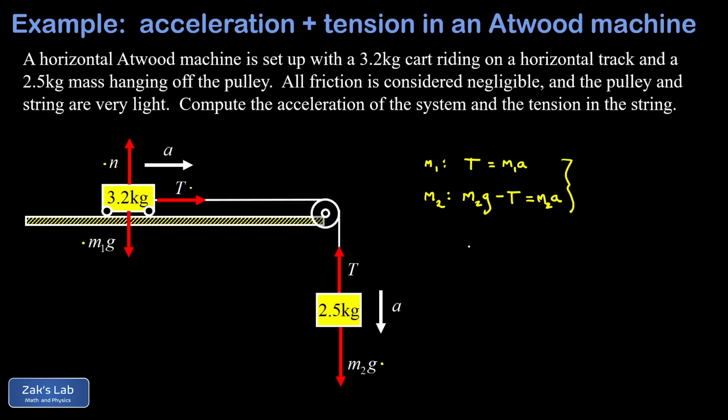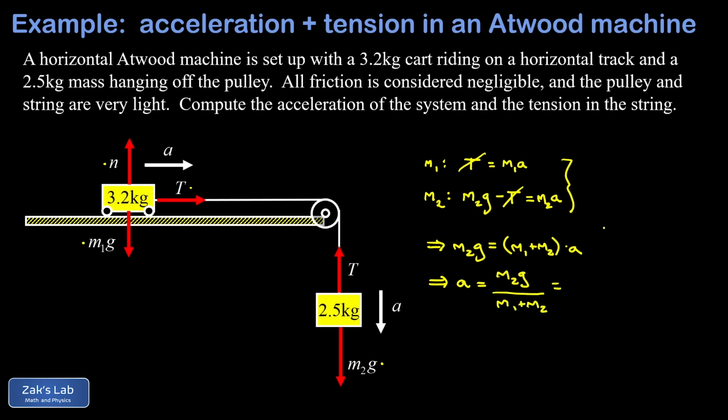And I'm going to go ahead and just solve this symbolically before we put any numbers in. So when we add the left-hand sides here, the T's are going to cancel. And this leaves me with M2G is equal to M1 plus M2, just doing a little factoring here, times A. So we solve for A. And A turns out to be M2G over M1 plus M2.